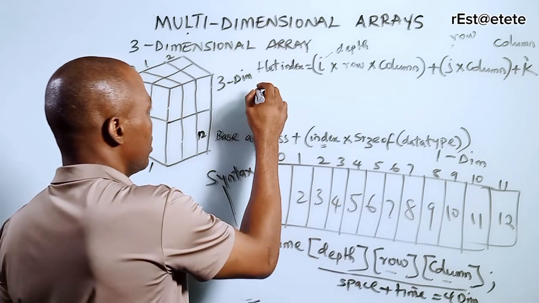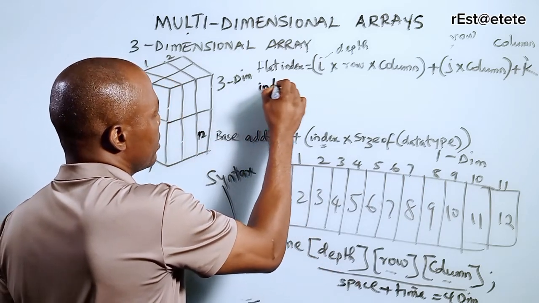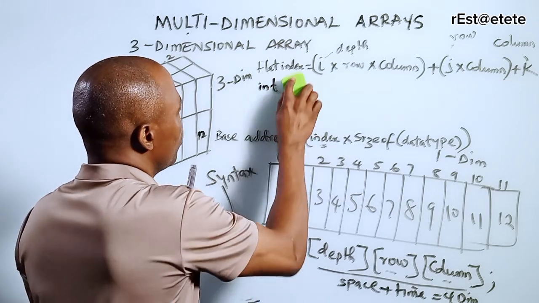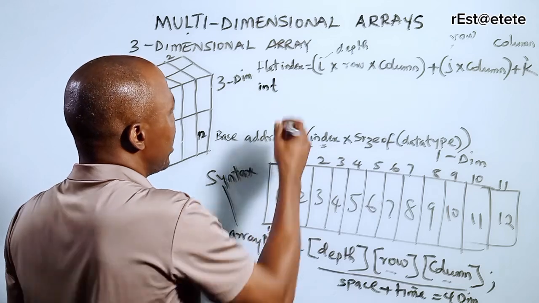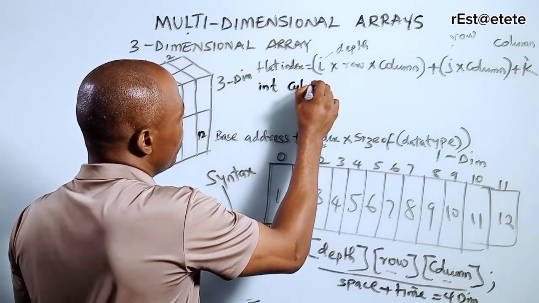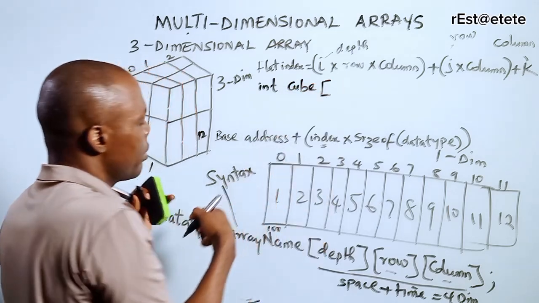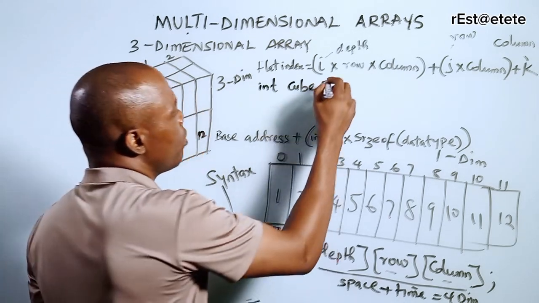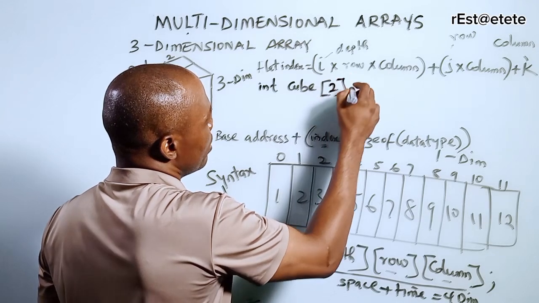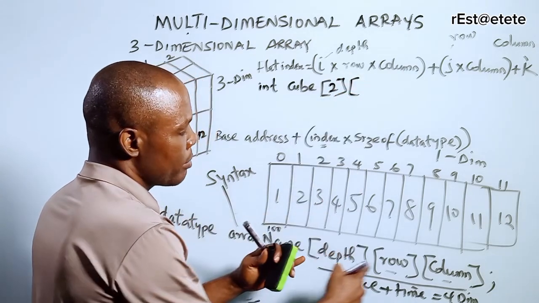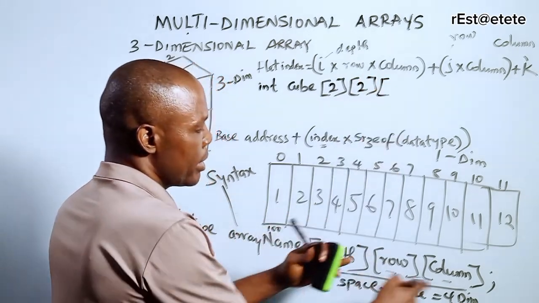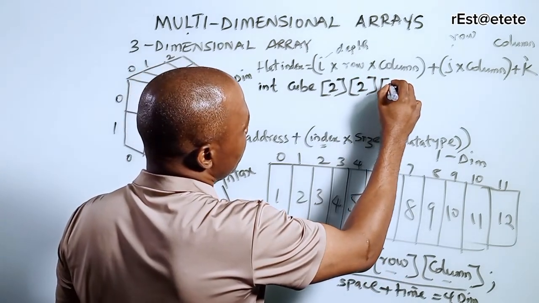It will be int, let's call this array cube. For a three-dimensional array, the depth will be 2, the row will be 2, and the column will be 3.